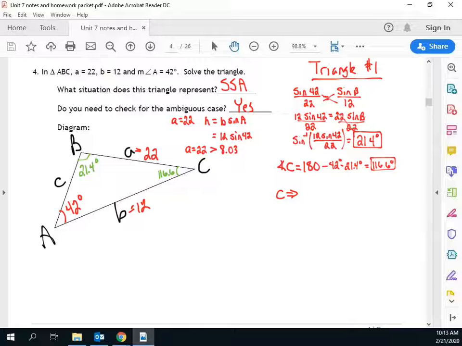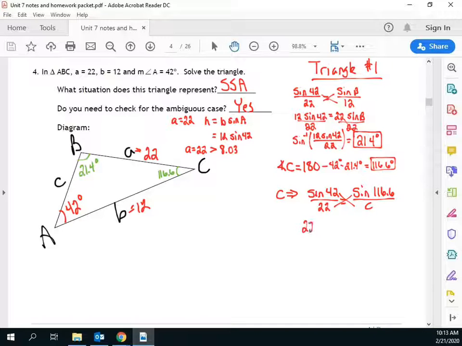So we go through, did what we did before. Use your reference ratio, which is A's. So the sine of 42 over 22 equals the sine of the angle we just found over our last unknown.